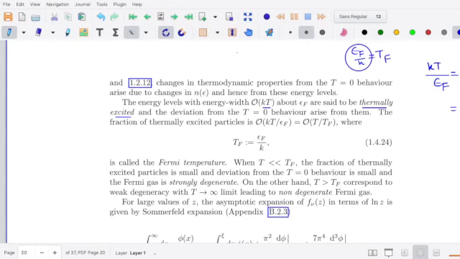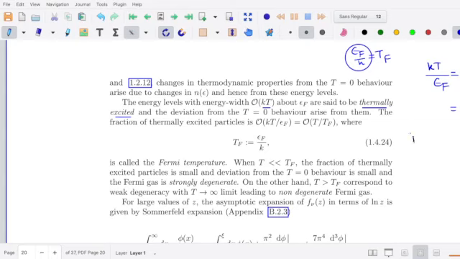Now, noting that the deviation from T equal to 0 behavior is coming from these thermally excited energy levels, its contribution is going to depend on the fraction T by T_F, which corresponds to the fraction of thermally excited energy states. If T is much smaller than T_F, which means the fraction of thermally excited particles is very small, then the behavior is going to be close to the T equal to 0 behavior.